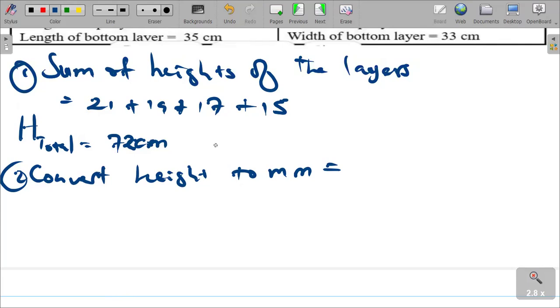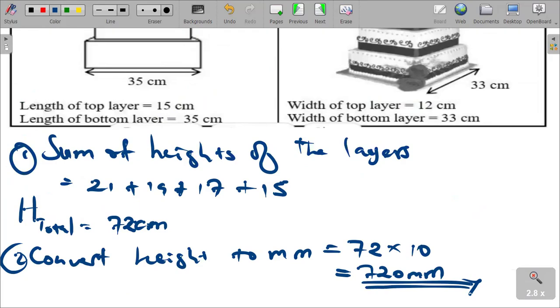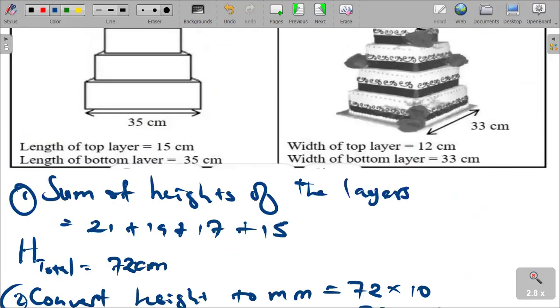We said that 1 centimeter is equal to 10 millimeters, so 72 multiplied by 10 gives us 720 millimeters. So the total height of the cylindrical cake is equal to 720 millimeters.